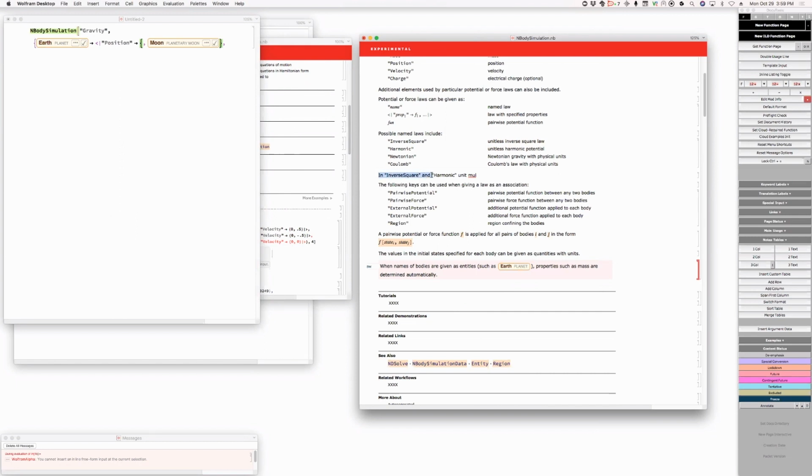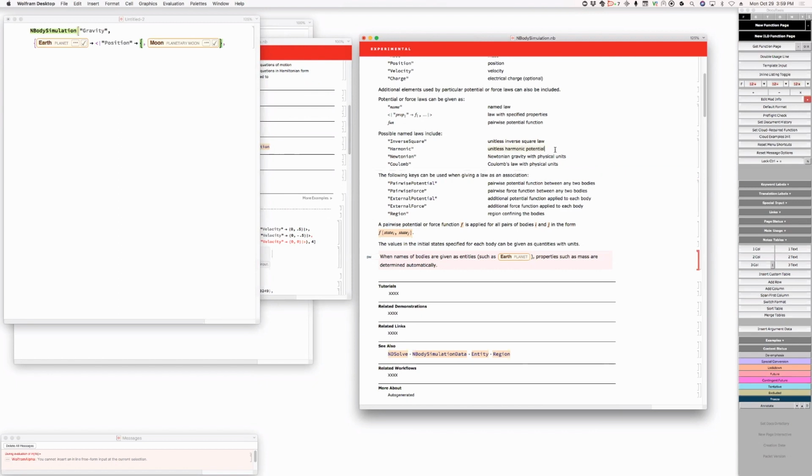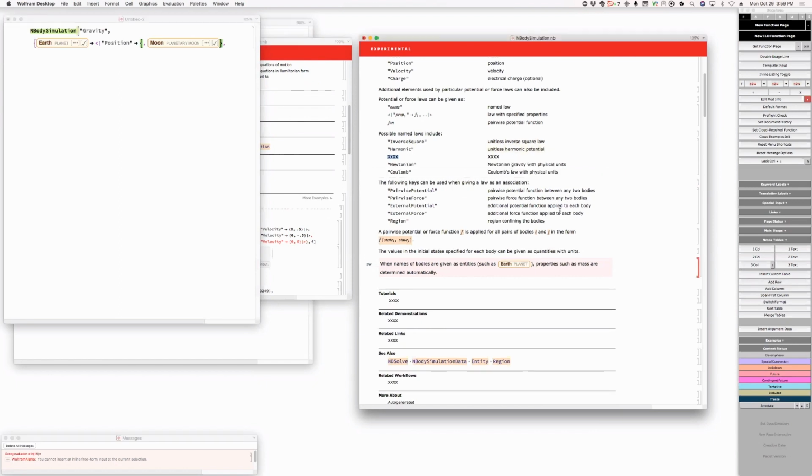You call it the inverse square constant. So are you saying harmonic, comma K, harmonic potential with spring constant K?